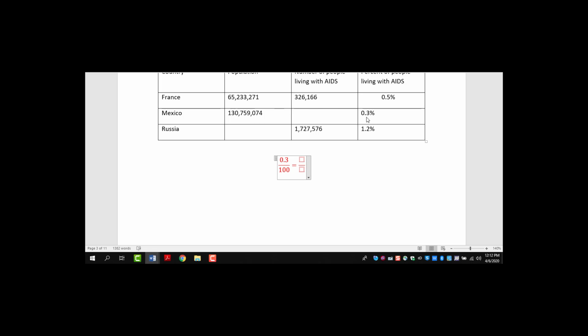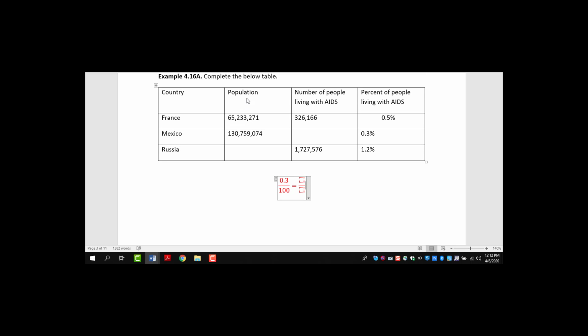That's the only thing you really have to recognize here, and it should be clear that that is the whole. So you're going to have some number over 130,750,074.